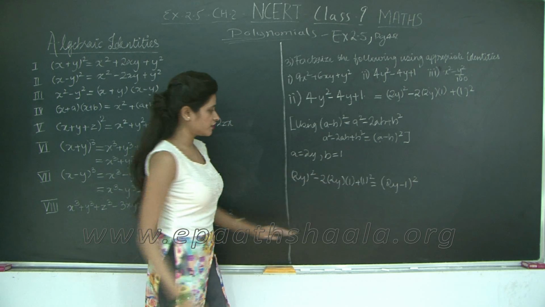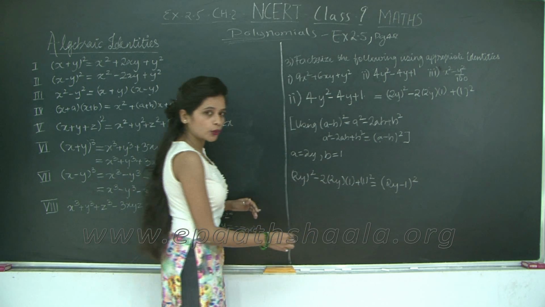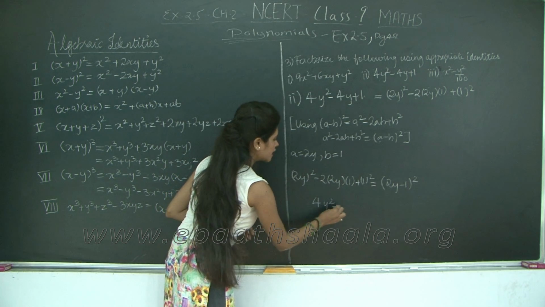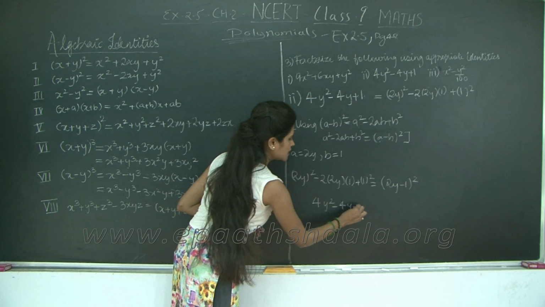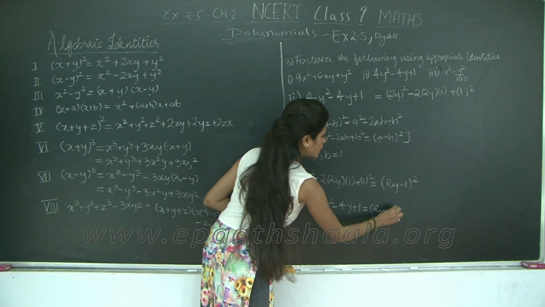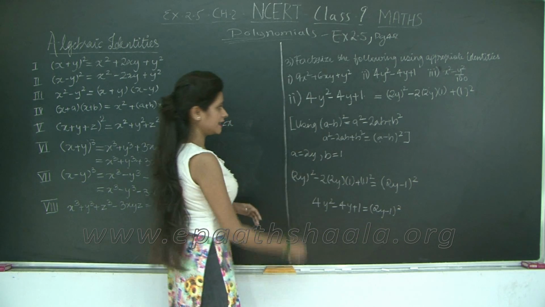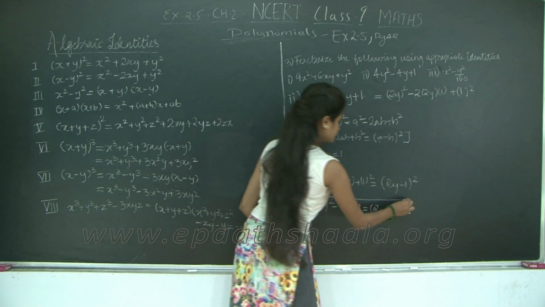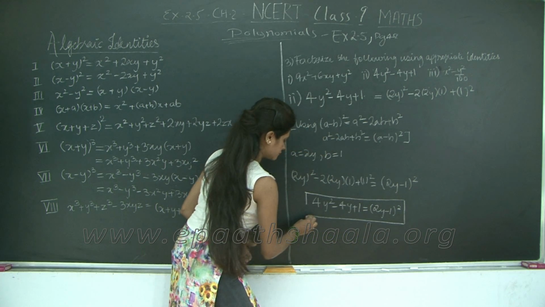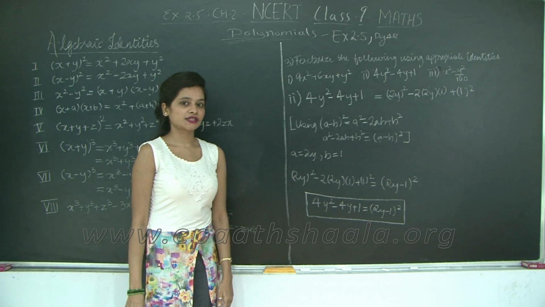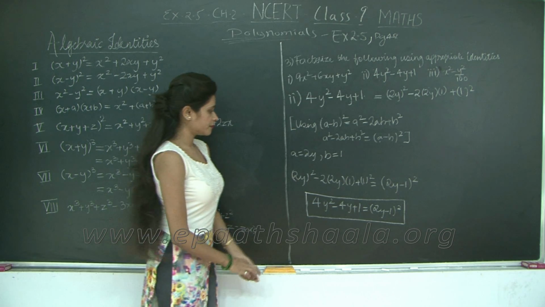So let's go ahead and rewrite the answer in the form of a question, which is 4y square minus 4y plus 1 is equal to 2y minus 1 the whole square. And finally, I am going to box up my answer. So with this, we have solved question number 2. Let's proceed to question number 3.